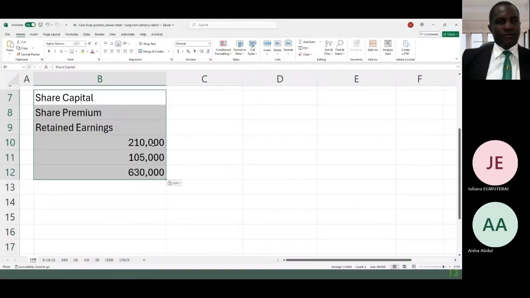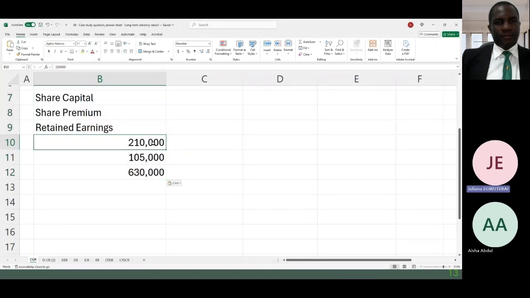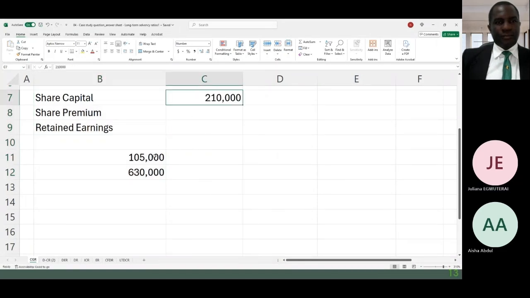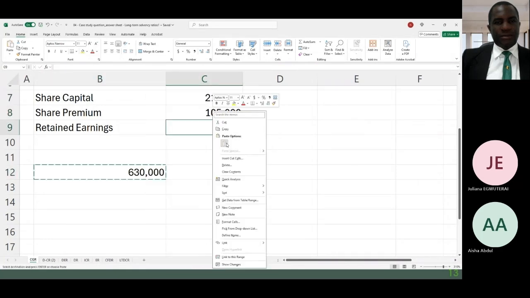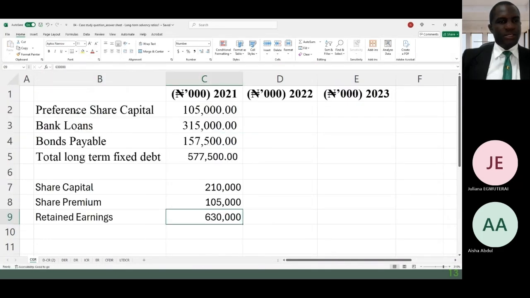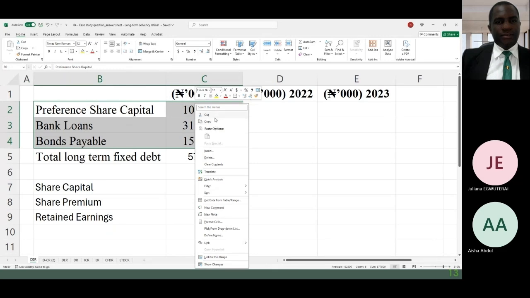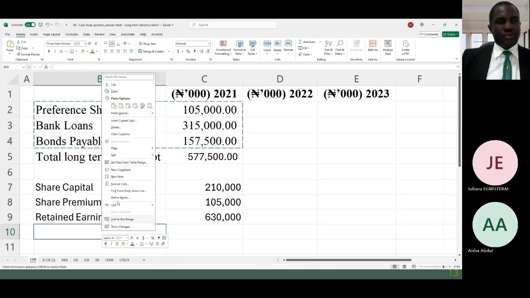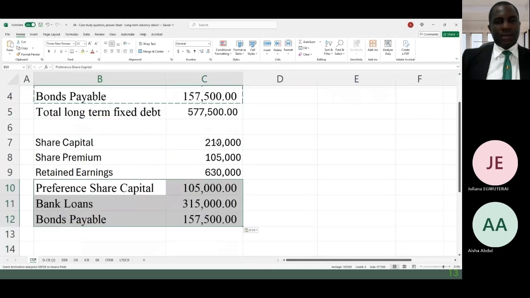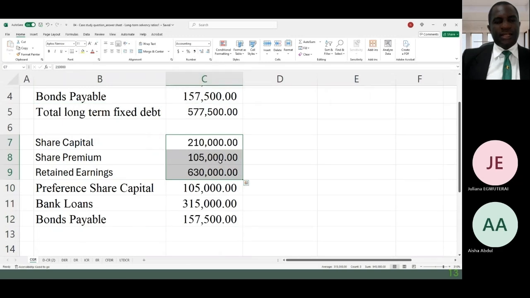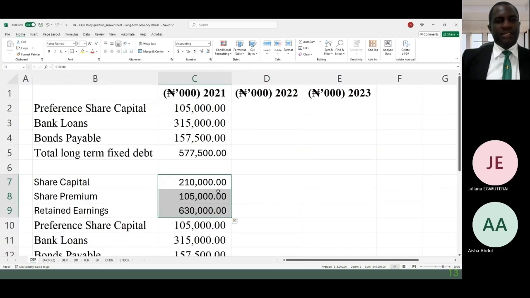Okay, so I have retained earnings. Good. So let's take these three now and add them to our capital structure. So just imagine this is your capital structure, internal and external debt. So look at it this way.